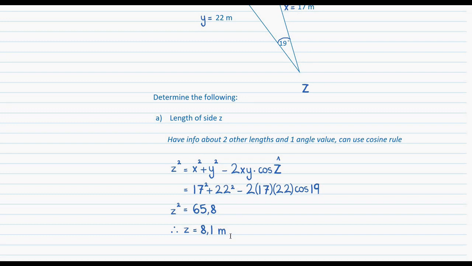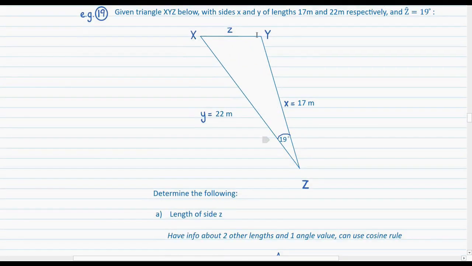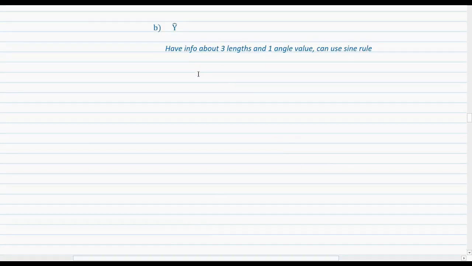Then the next part asks the value of the angle at the vertex y, so y hat, meaning this angle. And this time the information we have is about all 3 lengths of the triangle and the value of one angle. To determine the value of another angle, we can use the sine rule.